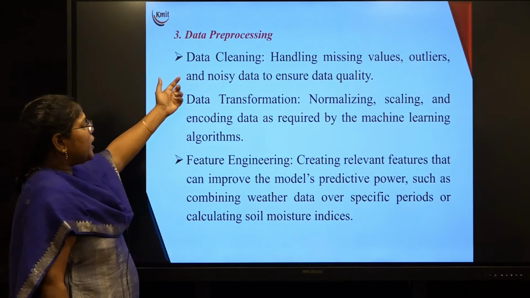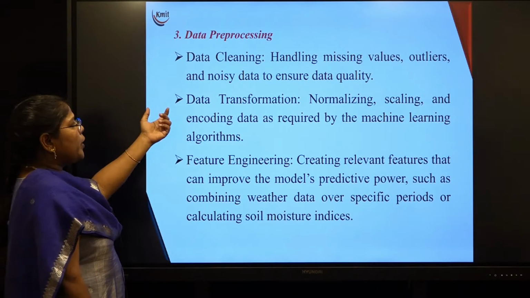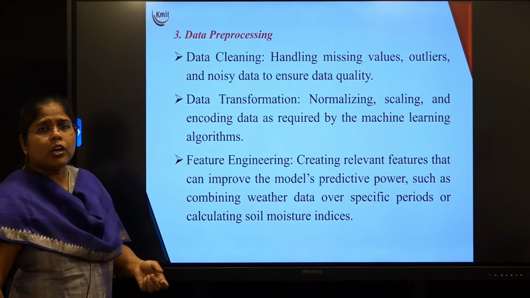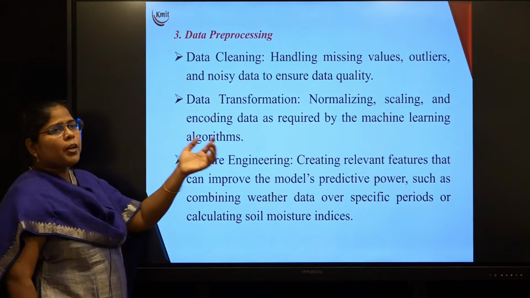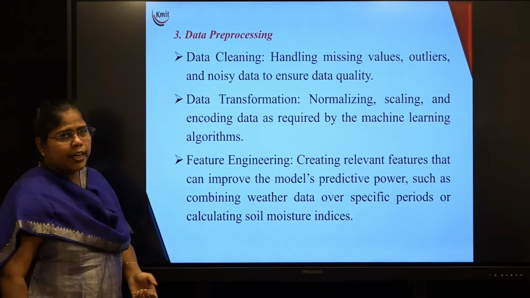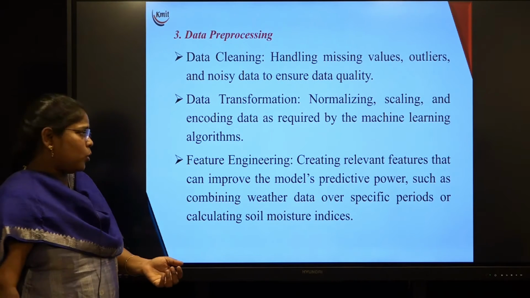Here we have data cleaning methods. We handle the missing values, we handle the outliers and ensure that the data quality is improved. Next, data transformation: normalizing, scaling and encoding the data as required for machine learning algorithms.